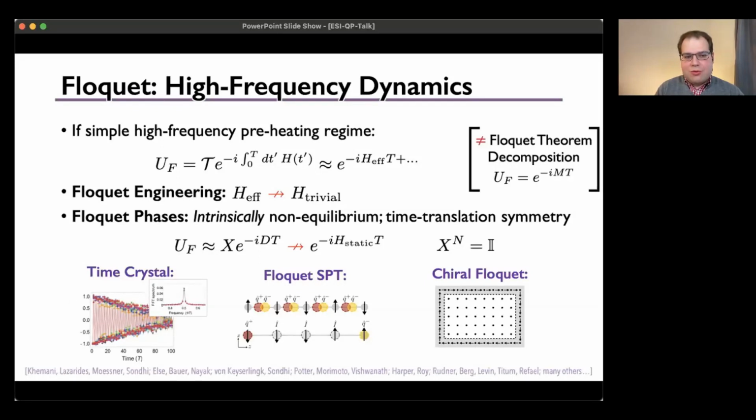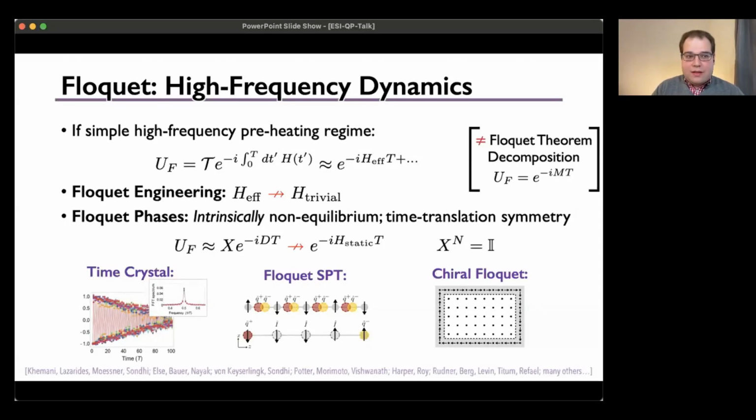For example, we can get time crystalline phases, where this operator X acts as a global not rotation on your system that breaks the symmetry, and so your system starts flipping back and forth at double the rate, say, of your drive. You can get Floquet SPTs, where this X corresponds to a charge pump that pumps a charge pair to two opposite sides of your system, or you can get chiral Floquet phases where you have little quantum information that marches around a two-dimensional system as pictured here.